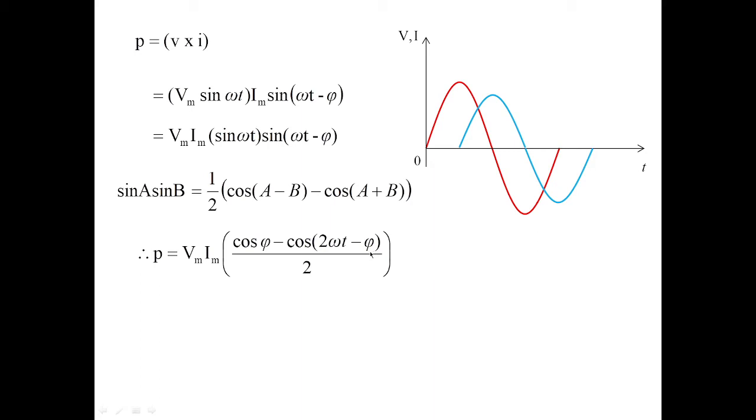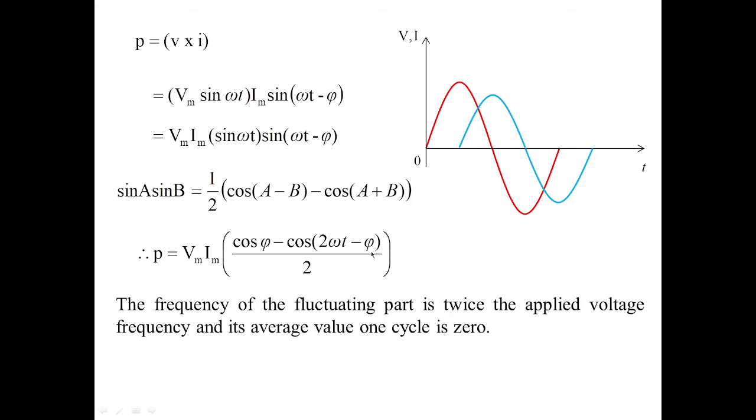So what does this fluctuating component indicate? The frequency of the fluctuating part is twice the applied voltage frequency, and if you take the average value, you get the average value of this fluctuating part equal to 0.